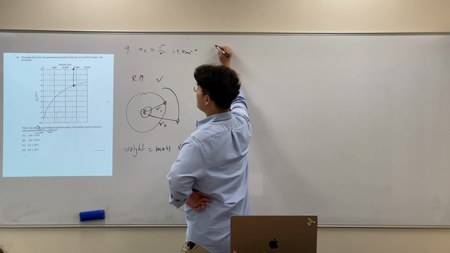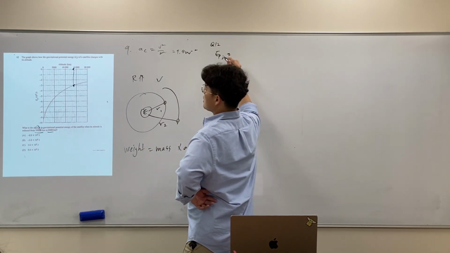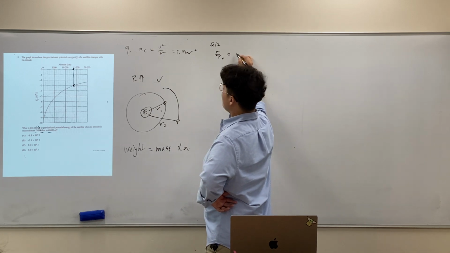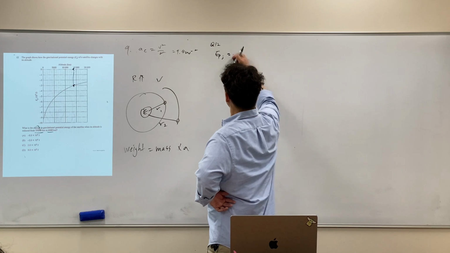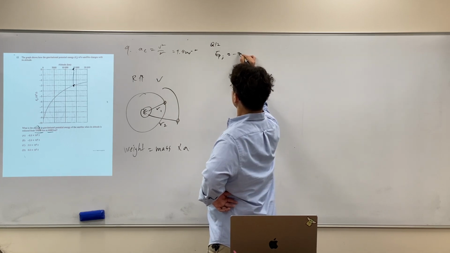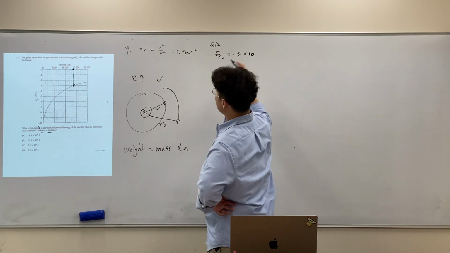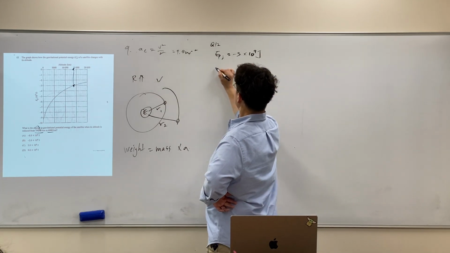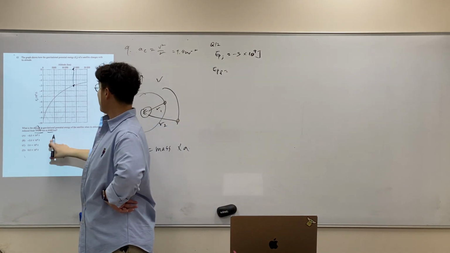So initially, EP initial was given as minus 3 times 10 to the power of 9 joules. Now EP in the final stage: we have 4,000 over here.